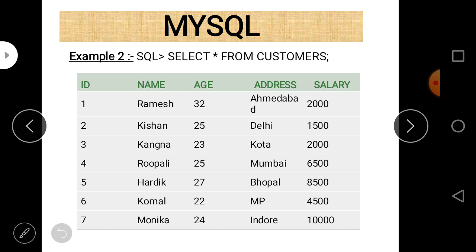If you just write select star from customer, then obviously the complete data will be visible on your screen: ID, name, age, address, salary.